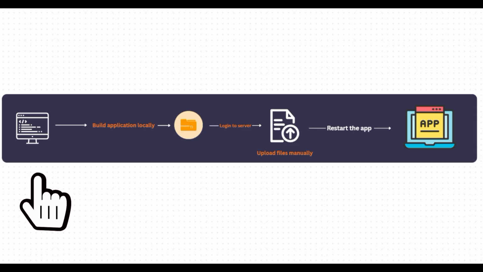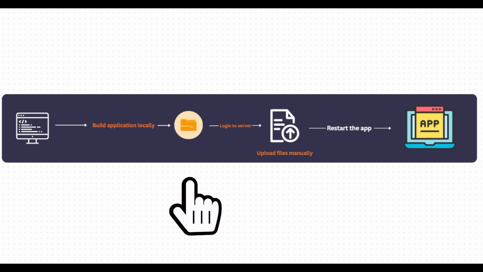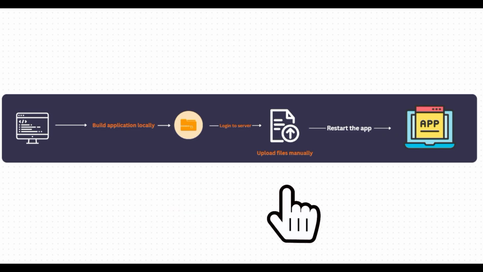Then they deploy the application locally and verify whether everything is working correctly or not. After that, they create a deployment package such as a zip file. Next, they log into the production server manually, upload the file, replace the existing application files, and finally restart the application. At first glance, the process may seem simple, but it comes with several challenges.